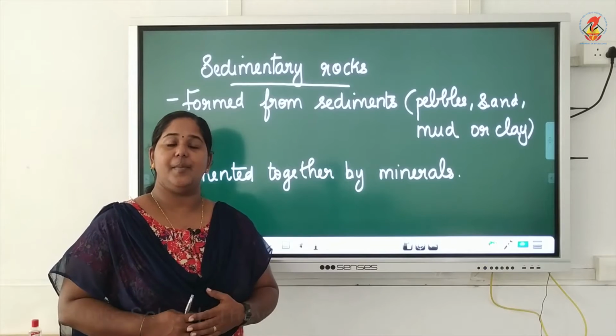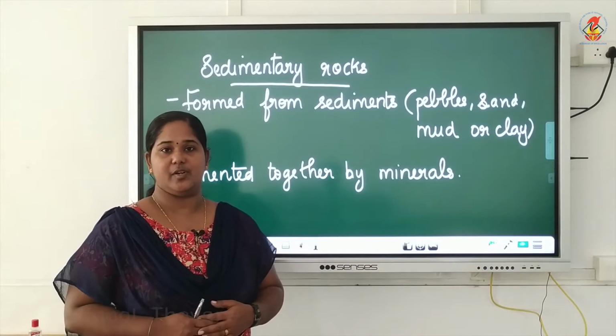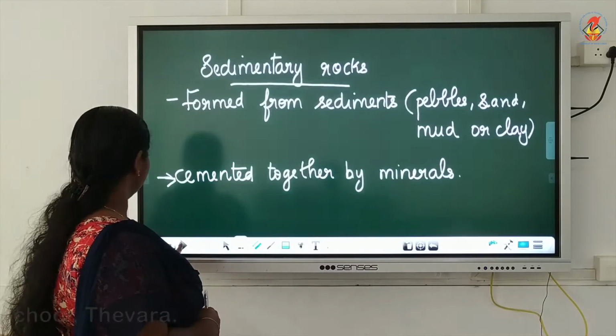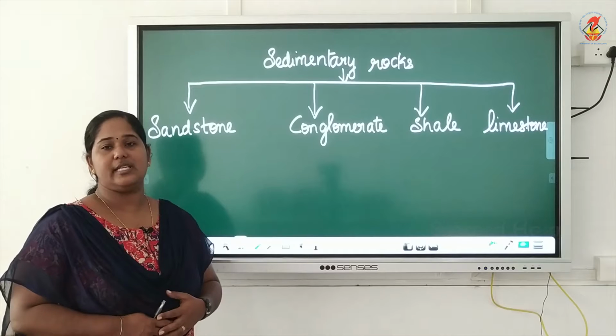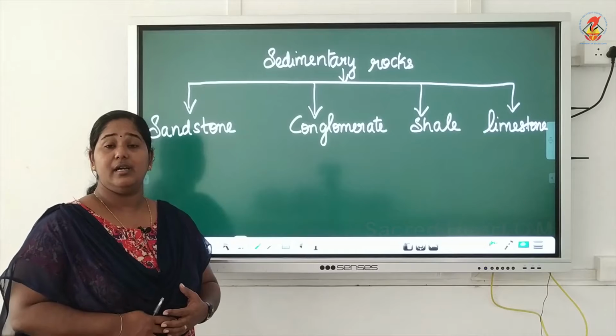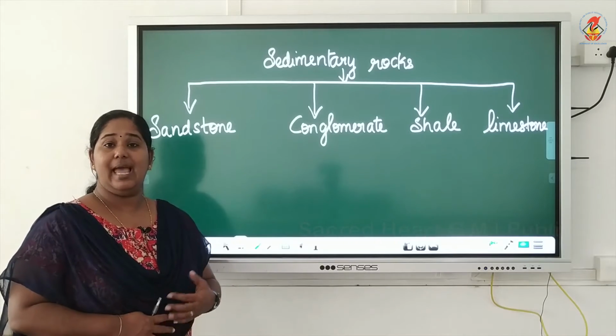Let us study the different types of sedimentary rocks. The four main types of sedimentary rocks are sandstone, conglomerate, shale and limestone. They are all classified as sedimentary rocks, but they differ in their appearance and texture.